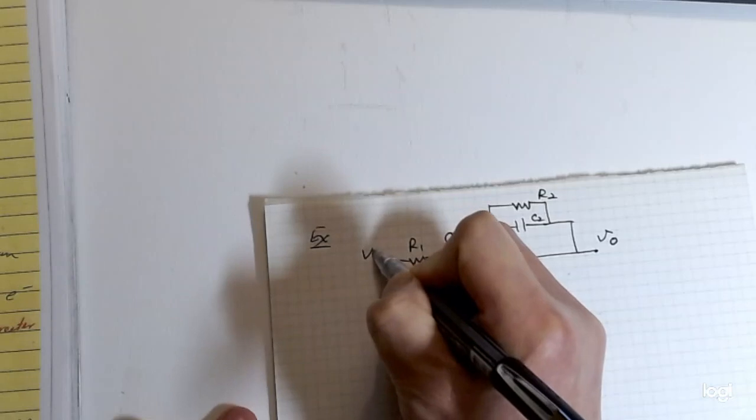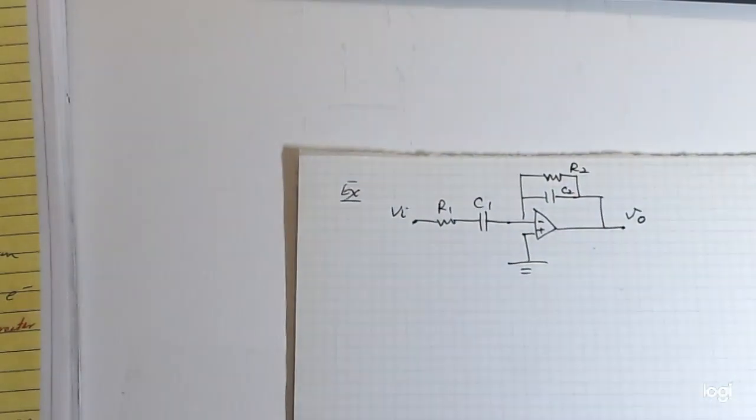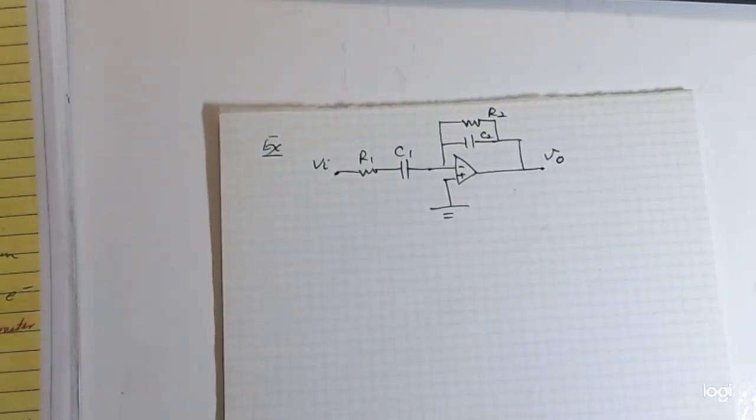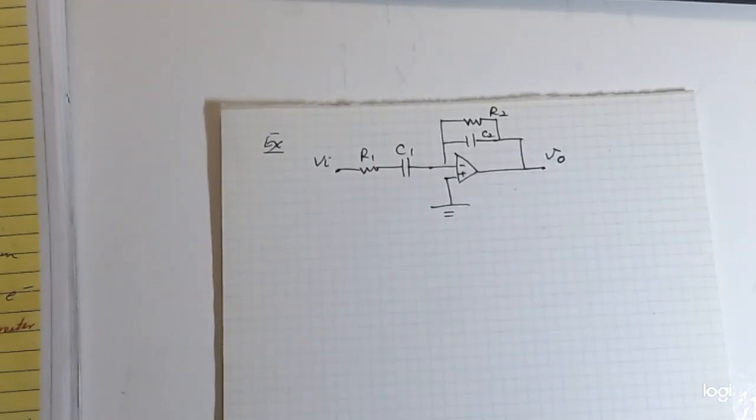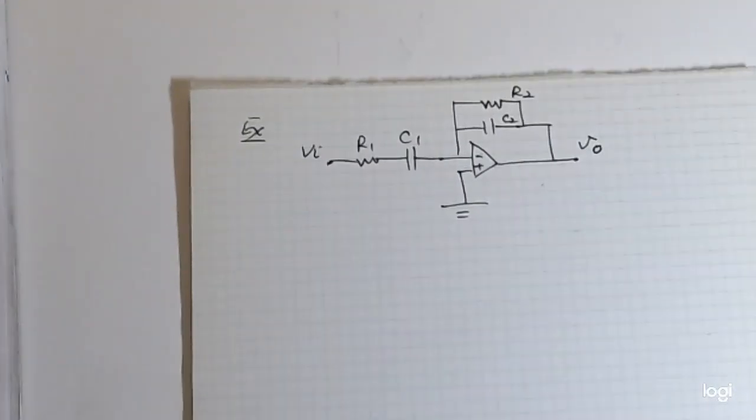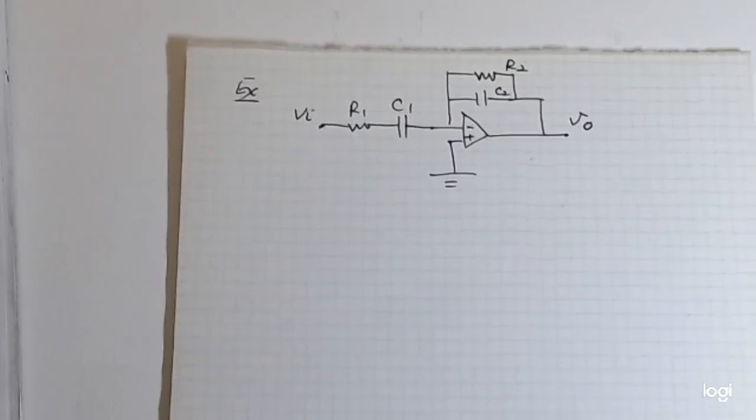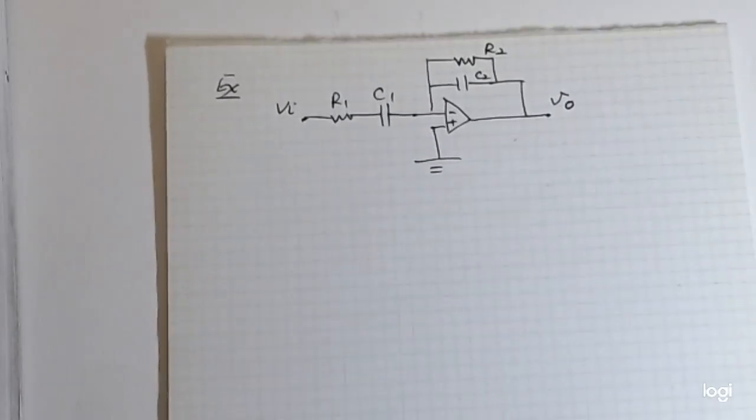So what would be the relationship between these input and output, VO and V in?